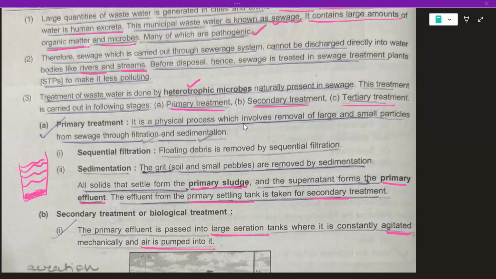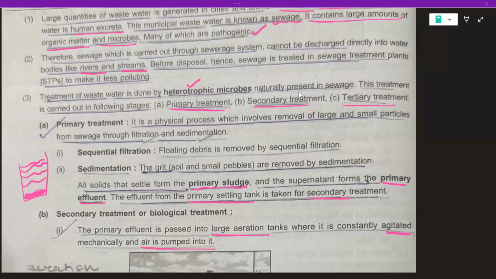First, sequential filtration happens, in which the floating parts are removed, and during sedimentation, the larger soil, stones and pebbles are allowed to settle down at the bottom of the tank. So this is the primary treatment.